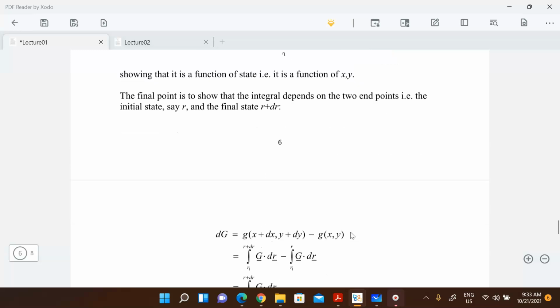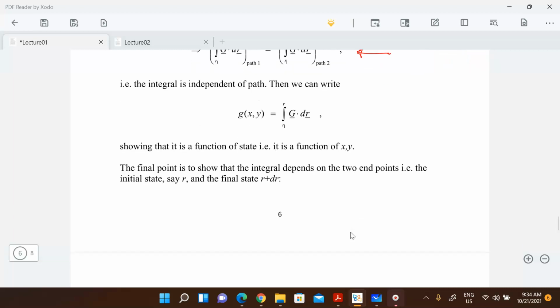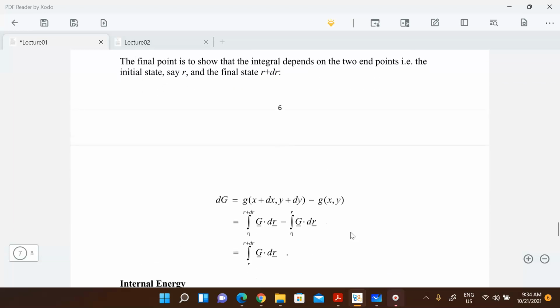But once you know that this is independent of path, what can it depend on then? Well, it can depend on the endpoints.